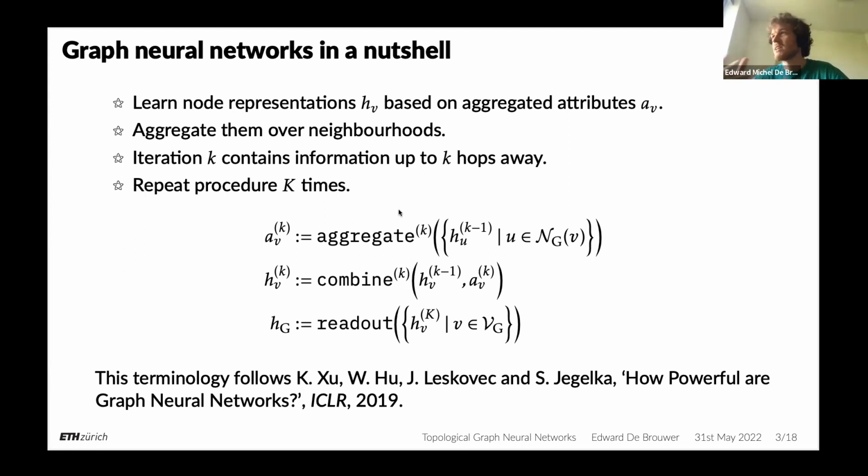There are basically three procedures: you aggregate information from neighboring nodes, you combine them together, then you iterate that for a certain number of layers, and then you have a readout at the end of the process.